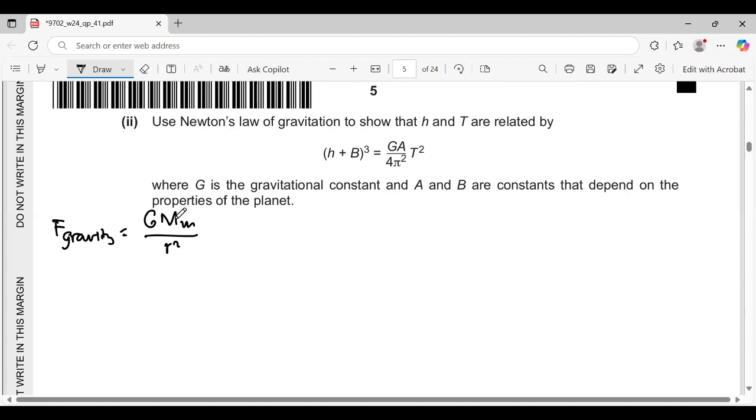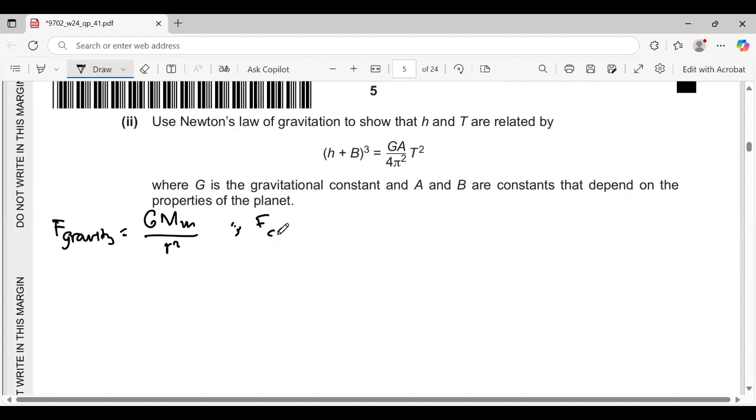This M is the mass of the planet, this m is the mass of the satellite, and r is the distance from the center of the planet to the satellite.